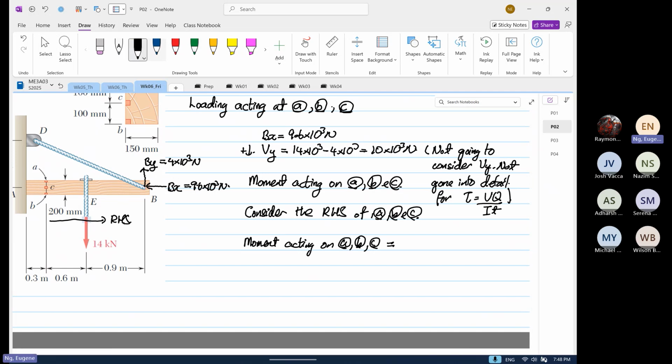So anything that is anti-clockwise will be positive.